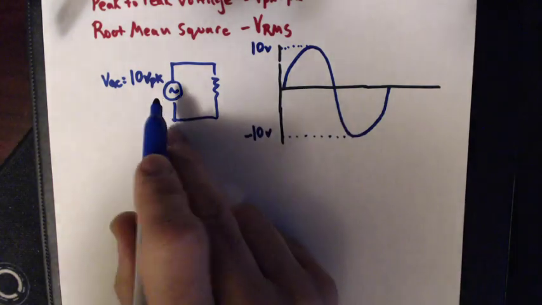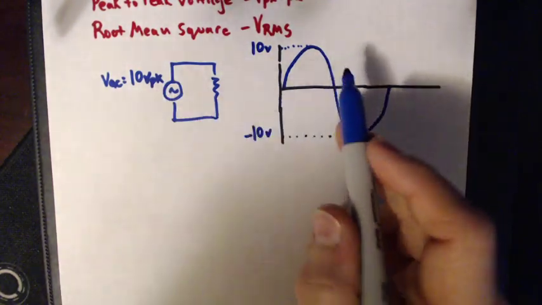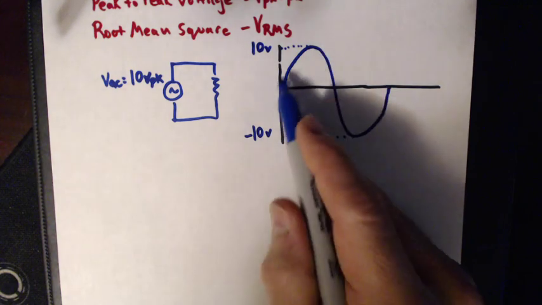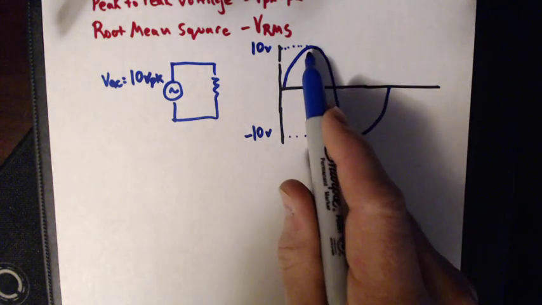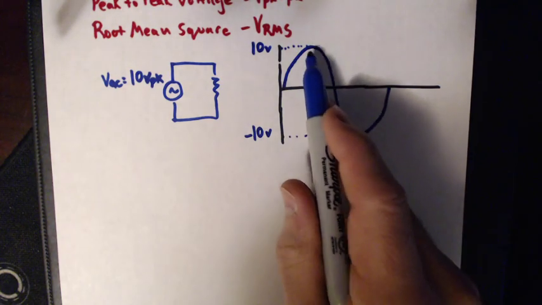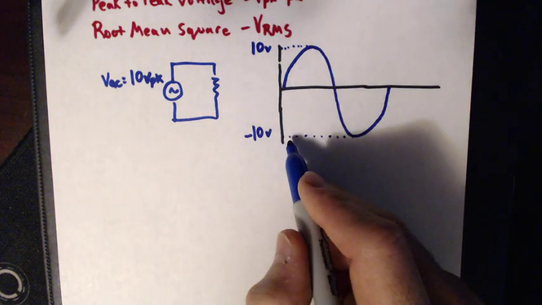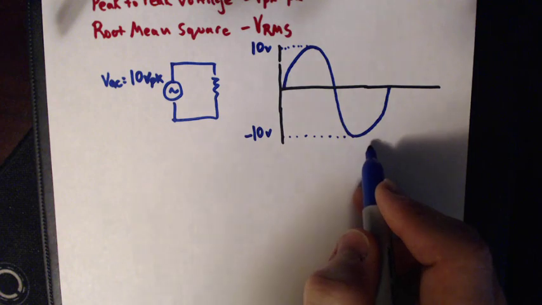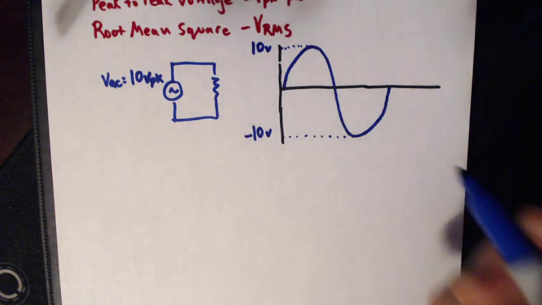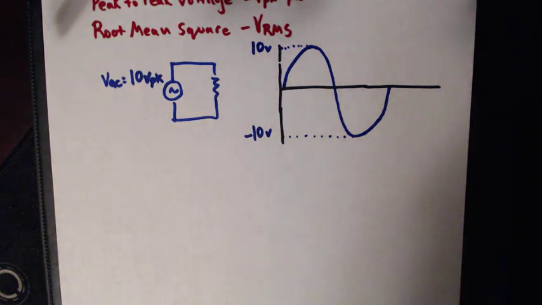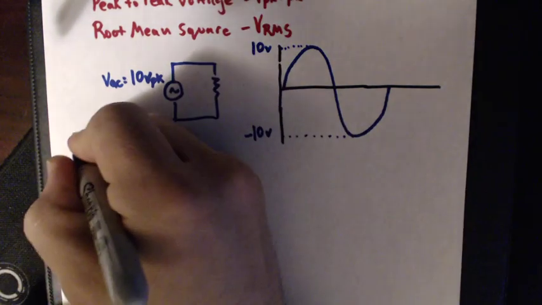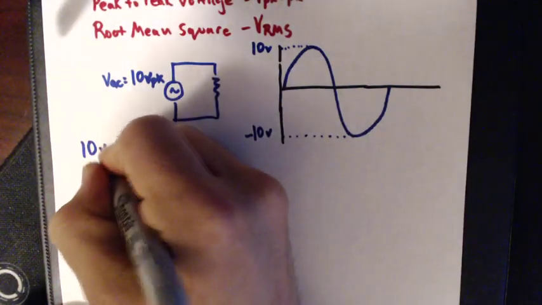So when we say 10 volts peak, what we're saying is that the highest voltage this sine wave ever hits is 10 volts. And equally, it goes all the way down to the same magnitude in the negative direction of negative 10 volts. So that's what's meant by 10 volts peak.